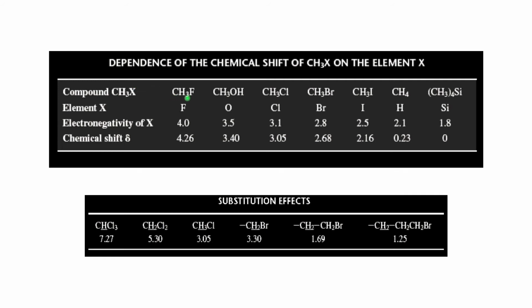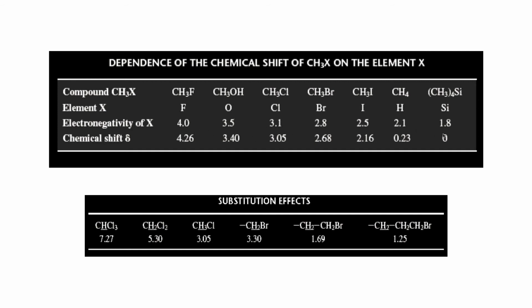We have various molecules with CH3 in common, but X is varying: fluorine, OH, Cl, Br, I, and so on. The electronegativity of X is increasing from silane, through iodine and bromine, up to fluorine. Fluorine is highly electronegative compared to the silane molecule.